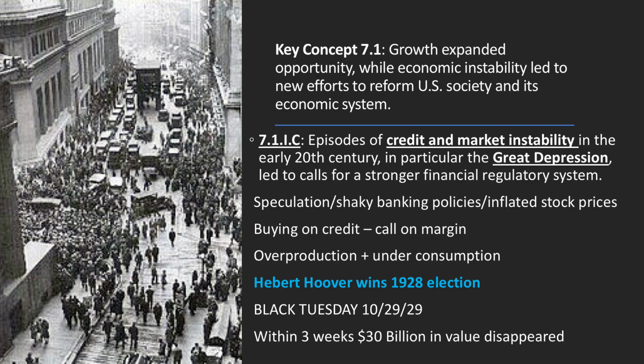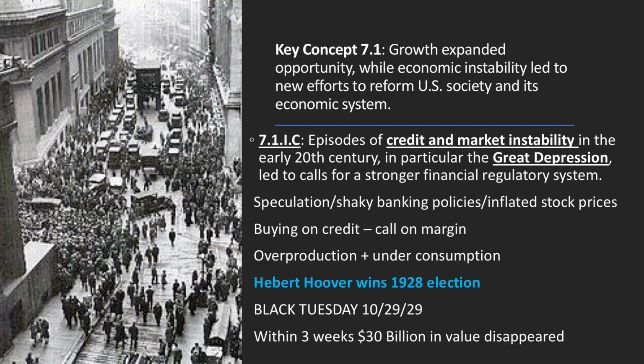Once the stock rises, even though you only put in $250, you will still make money on what you paid, and the bank will make money on what they put in. What the bank did not have to tell you, and they didn't tell you, was this thing called call on margin.